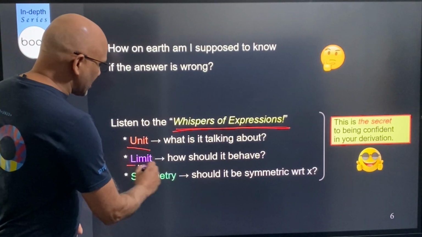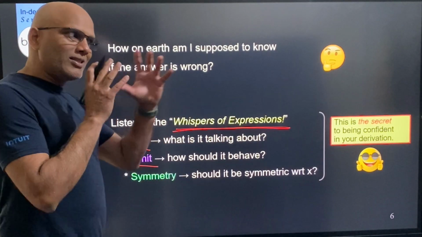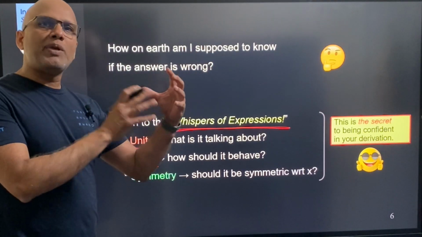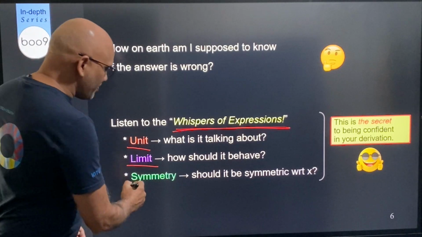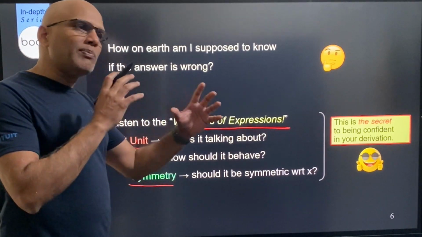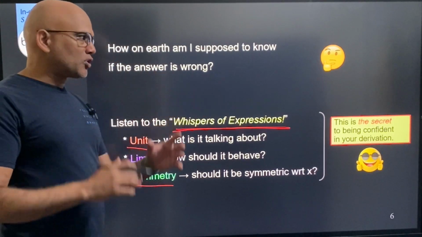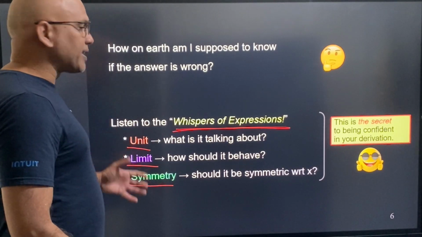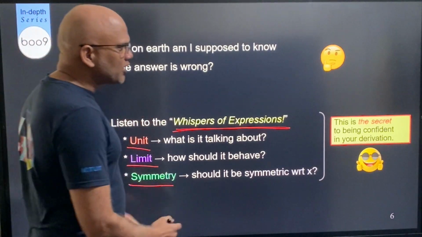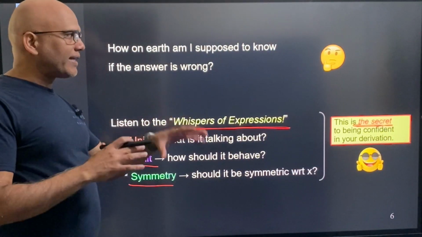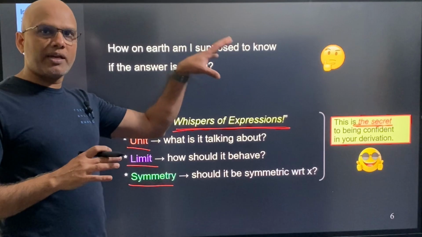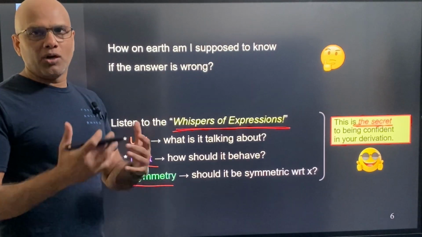Second is limit. Is the expression that you got behaving the way it is supposed to behave? And then symmetry: is it symmetric with respect to some of the variables? These are the three very specific things that I check, and this is going to be your secret to being very confident that the expression that you got, the derivation that you made, is right or wrong.